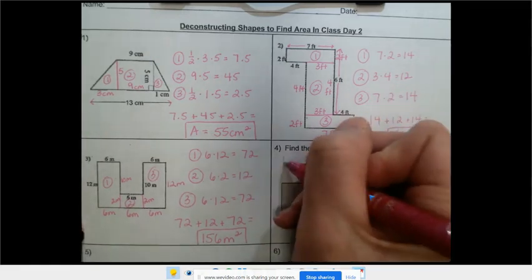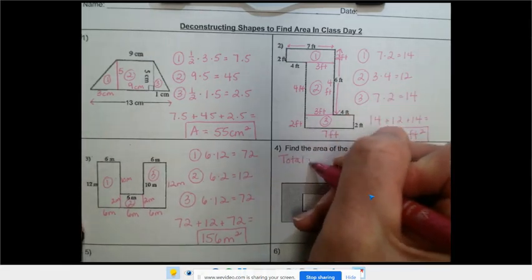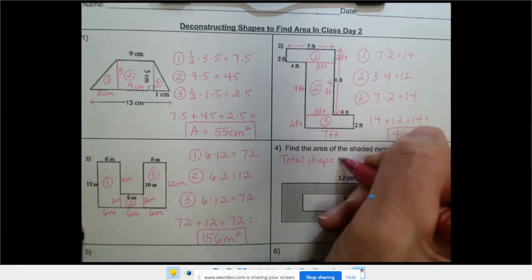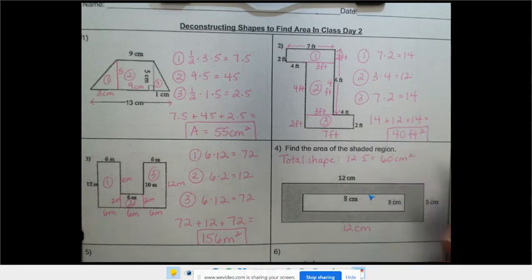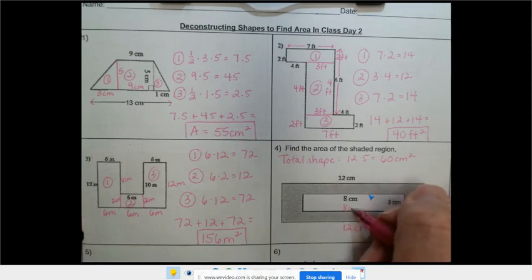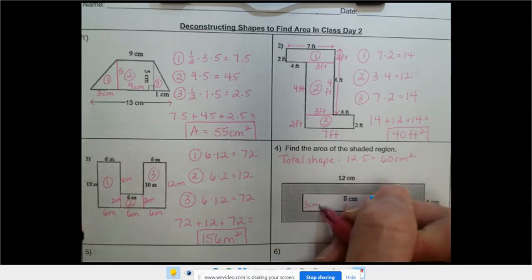So for the total shape area, since it's a rectangle, I'm just going to do base times height. Remember, opposite sides are equal. So 12 times 5. So that's 60 centimeters squared. Now I'll find the area inside here. Again, opposite sides equal. Base times height.